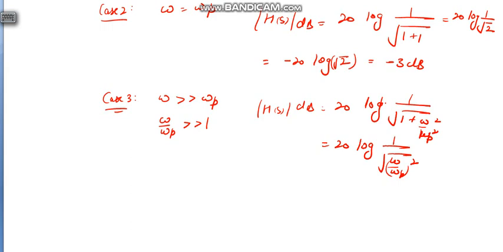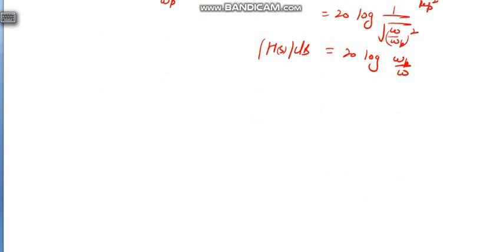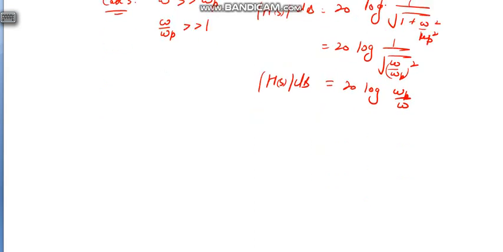So we can ignore 1 because omega upon omega p is much greater than 1. So 20 log omega p upon omega. Now we can say that it is a linear equation. How? |H(s)| in dB is 20 log omega p minus 20 log omega.